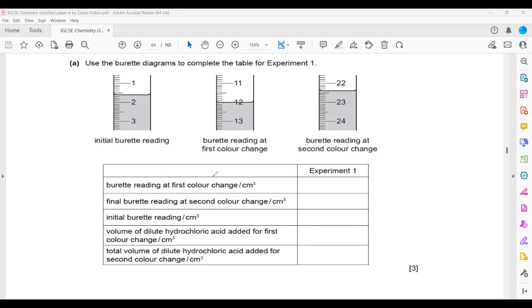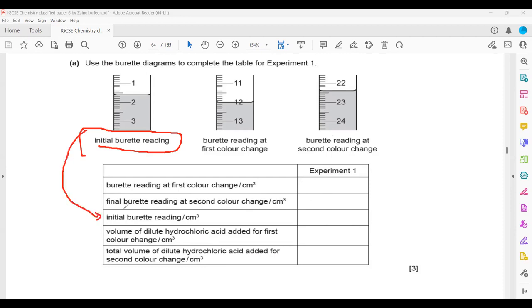This is the burette reading at the first color change, then the final burette reading at the second color change, then the initial burette reading in cm cube, then the volume of hydrochloric acid added to the first color change, and the volume added to the second color change. So what is the initial burette reading?